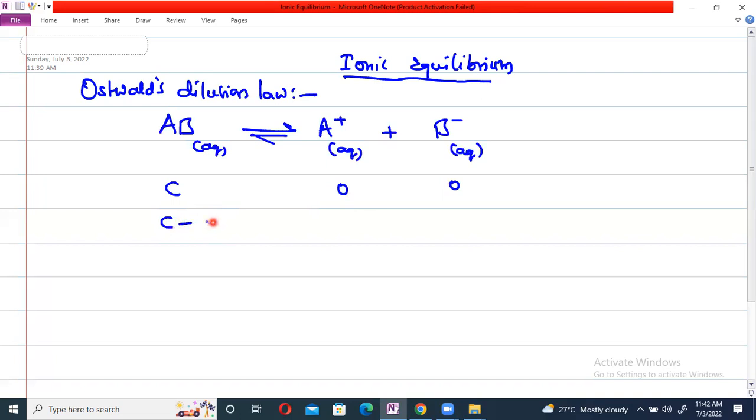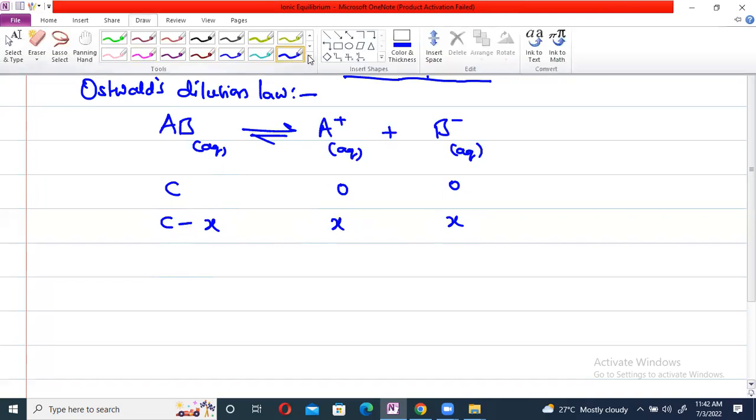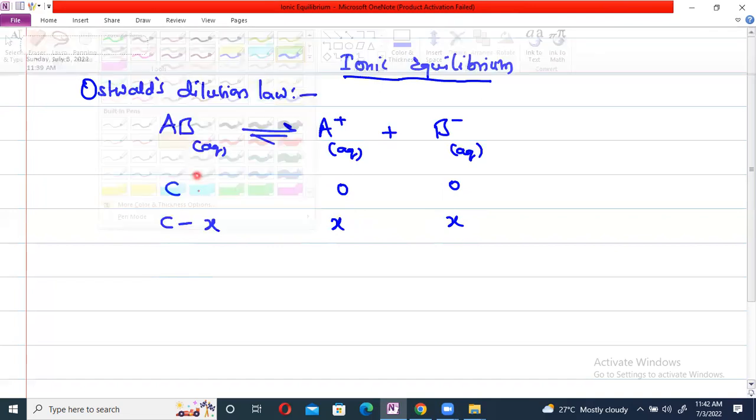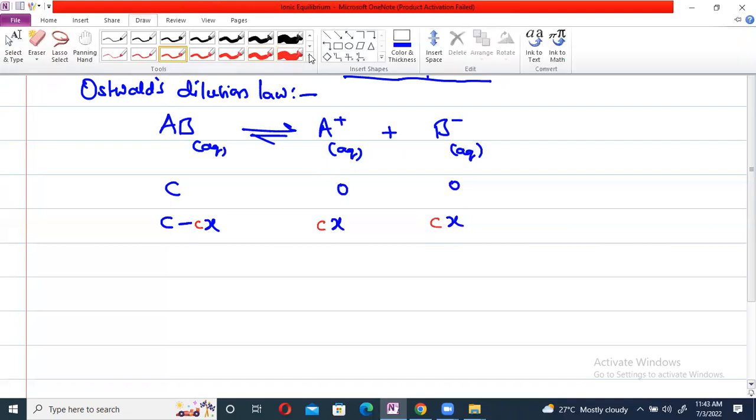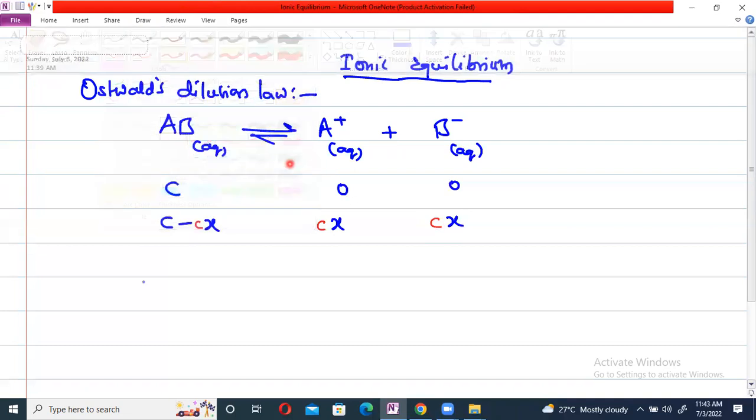Out of C, X mole dissociates, X mole form, and suppose the concentration is given here. C alpha concentration dissociated, C alpha concentration of A will form, and C alpha concentration of B will form.